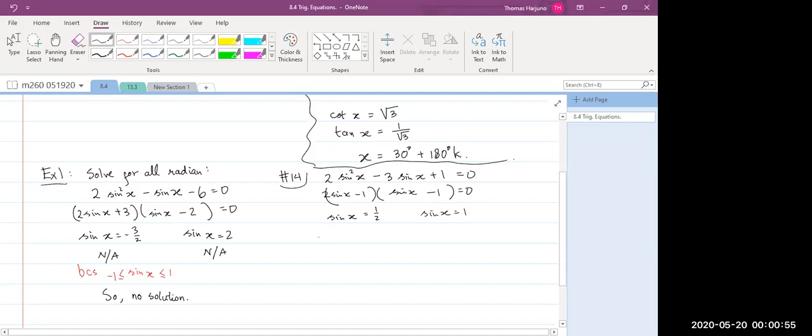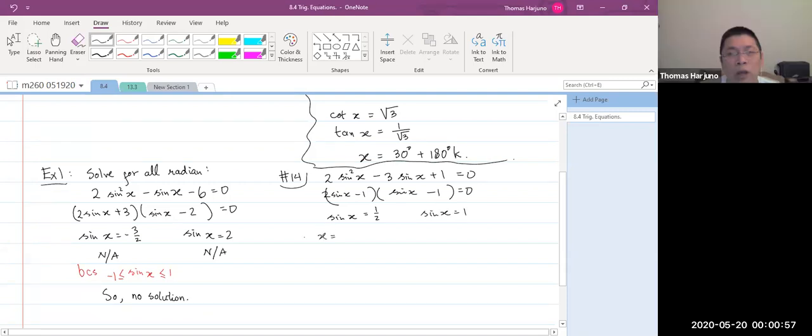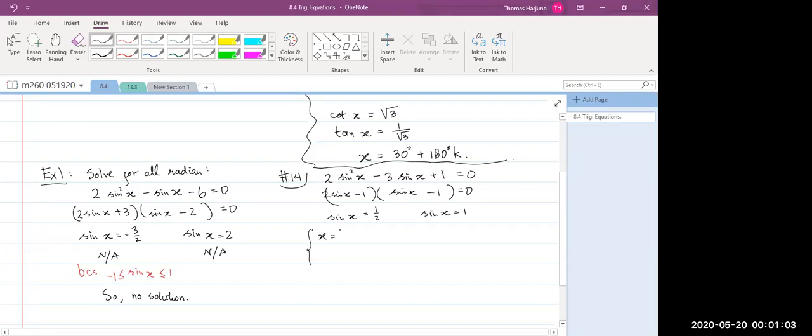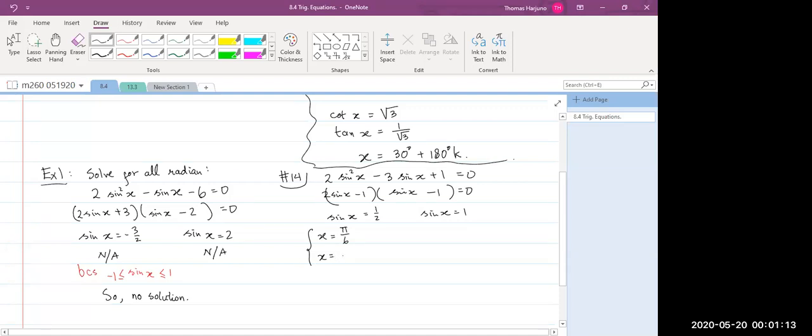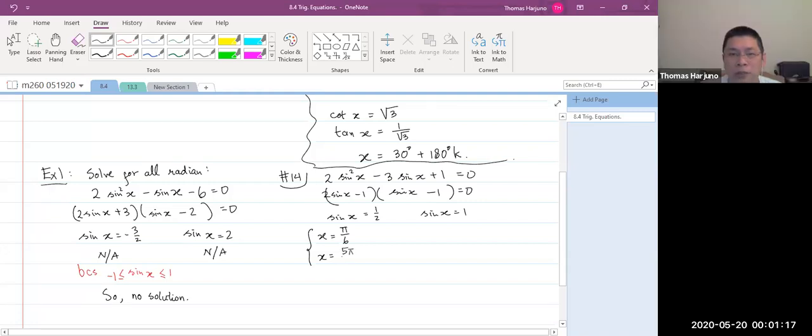Yes. Now when sine x equals 1/2, what will x be in radians? Pi over 6, 30 degrees. And in quadrant 2? 5 pi over 6, that's right.